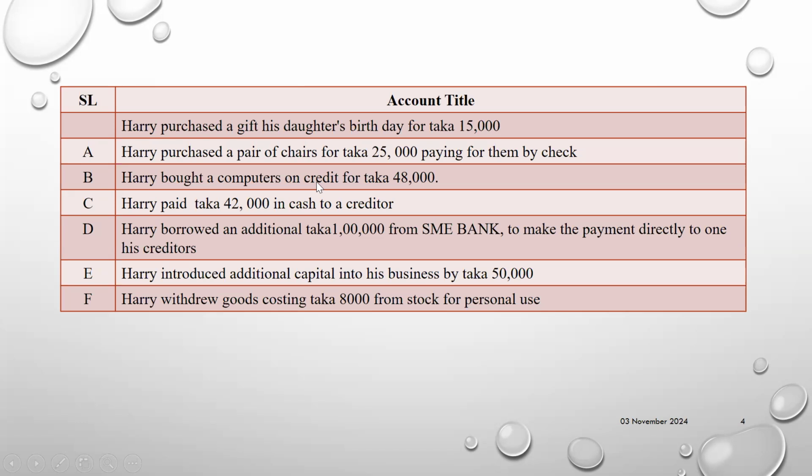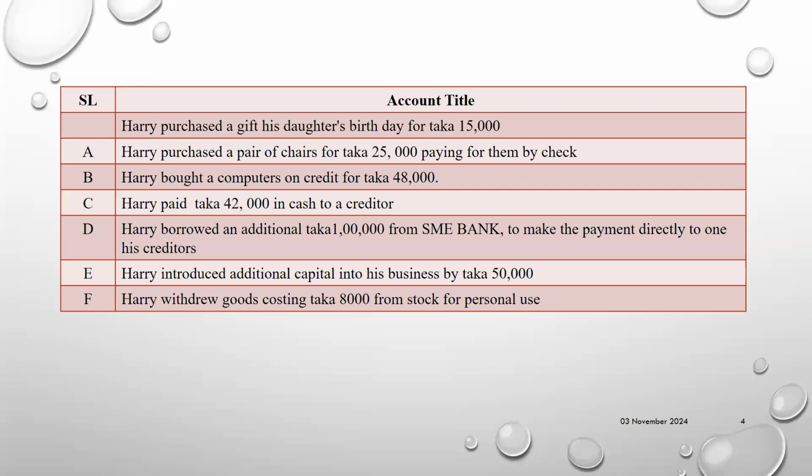Against that, on credit. On credit means on account, accounts payable. Payment is next, in the future. So payment next means you are liable to pay in the future. That means accounts payable.